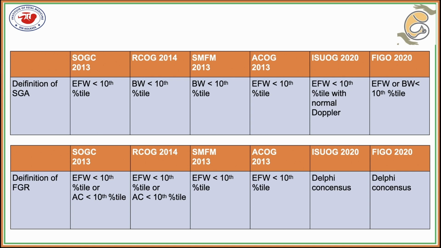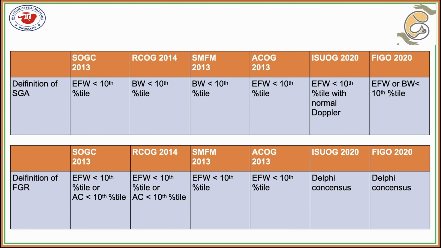SMFM is basically the American society. In the US there are 2 kinds of societies: the American College, and for fetal medicine exclusively there is SMFM. SMFM don't include Dopplers. So here they take birth weight less than the 10th percentile and here they take estimated fetal weight less than the 10th percentile. There is no mention of Dopplers in all this.